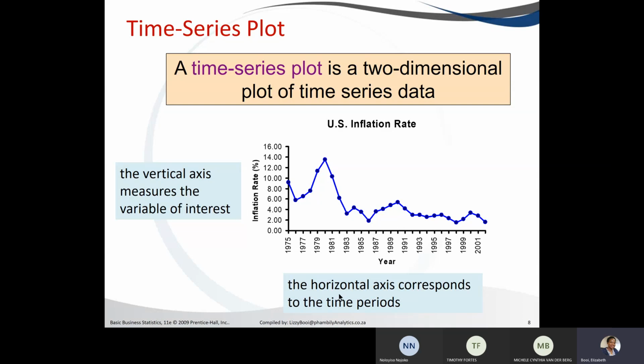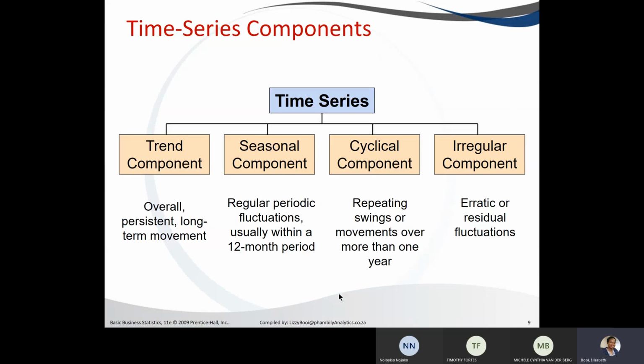Or you can plot it using the period that you choose, whether monthly or daily, and you will be able to see how the plot changes over a period of time. It will go up and down, or it will just go in a straight line. Those types of graphs we're going to analyze and understand a little bit later on.